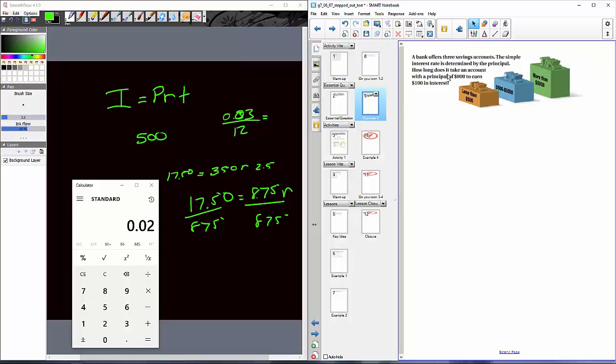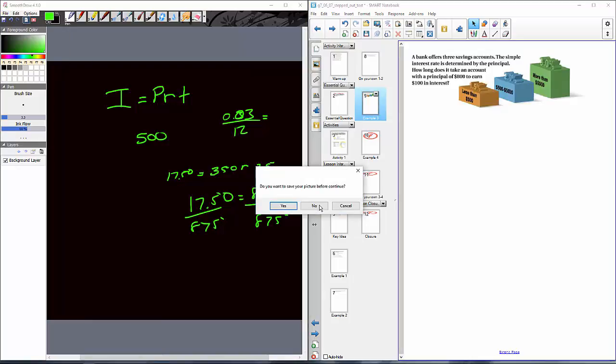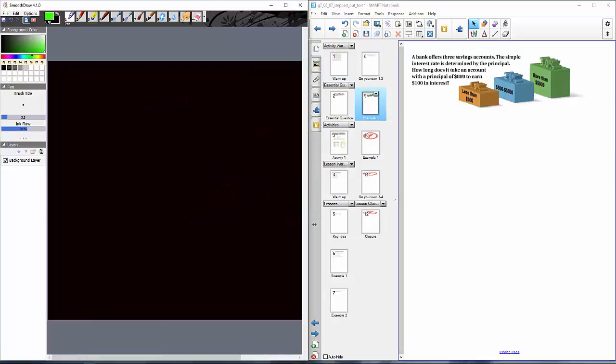So example 3, there's simple interest. The simple interest rate is determined by the principal. How long does it take for the account with the principal of $800 to earn $100 in interest? Okay, so I want to have $100 of interest. My deposit is 800, and the rate is 2%, right? So I'm going to put this in here. So now my rate is 0.02. My principal is 800. The interest I want to return is 100.